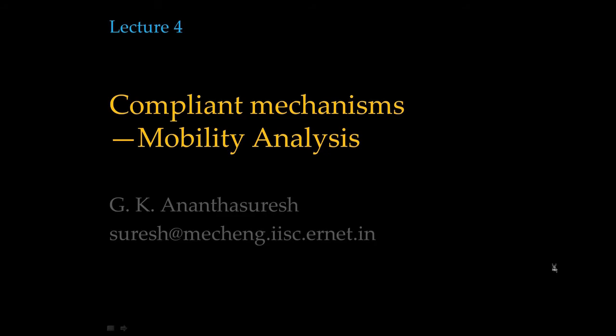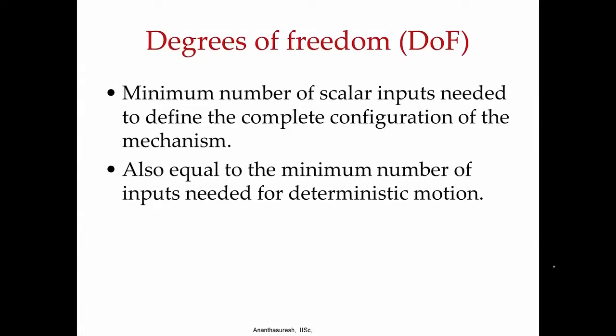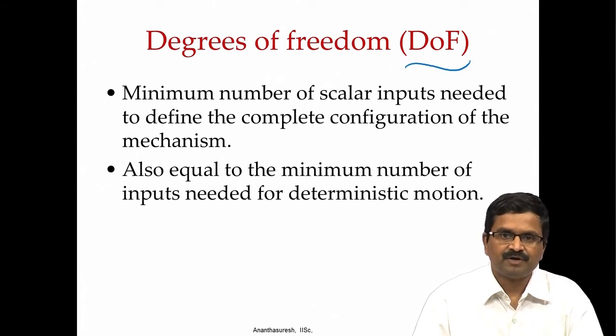So, if we look at mobility analysis, the first concept that we need to concern ourselves with is the number of degrees of freedom, or as we call it, DOF. We want to determine the degrees of freedom of a mechanism. And what is DOF?